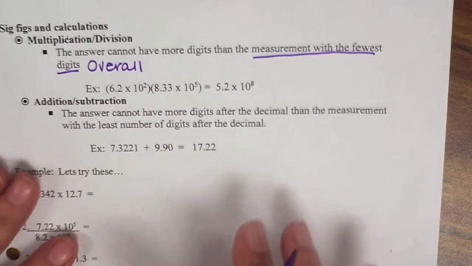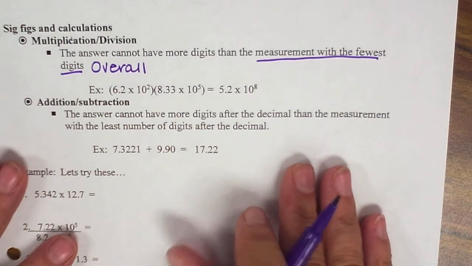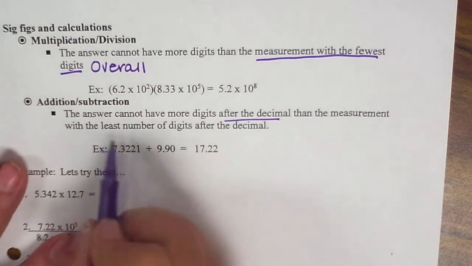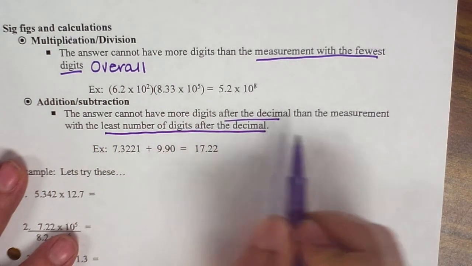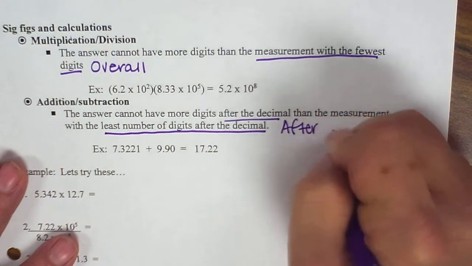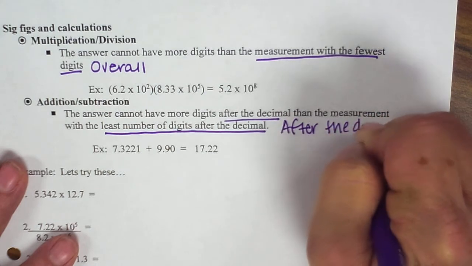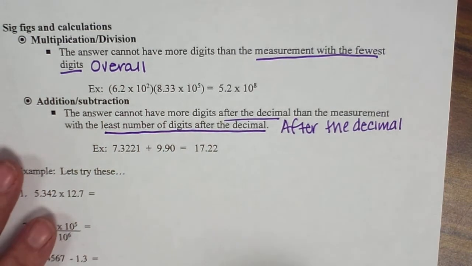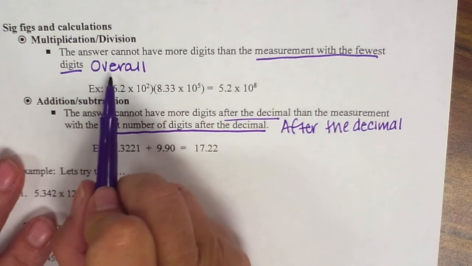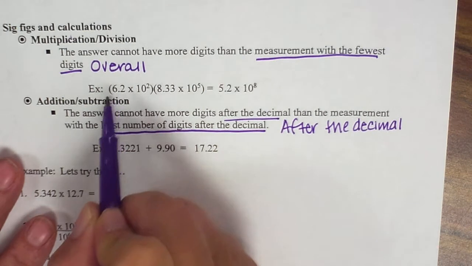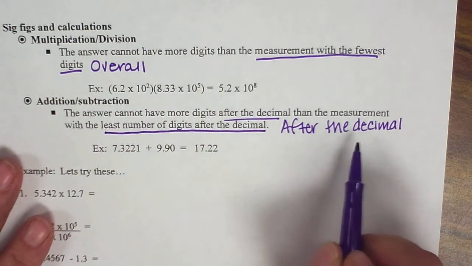With addition and subtraction, your answer cannot have more digits after the decimal than the measurement with the least number of digits after the decimal. So here we write, after the decimal. Both of them have to do with the least number, but multiplication and division is overall, and addition and subtraction is just after the decimal.